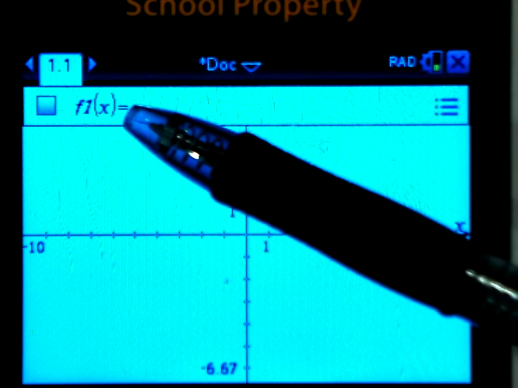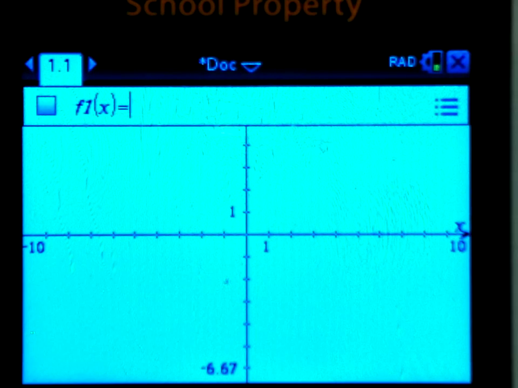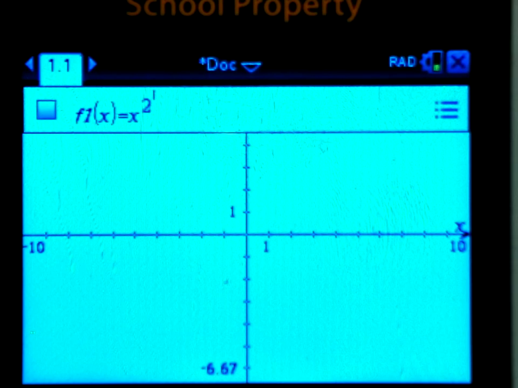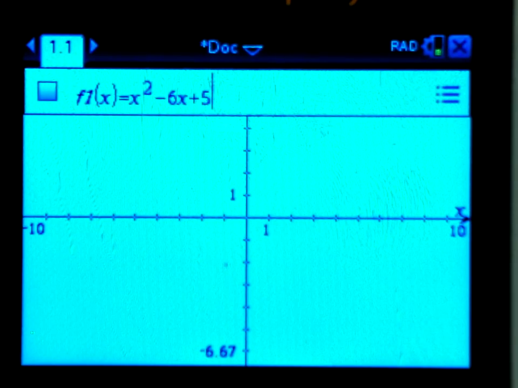Now I just have to type in my function, x squared minus 6x plus 5. Then I hit enter, and it's going to graph that beautiful thing for me.